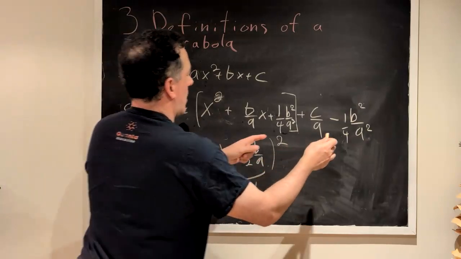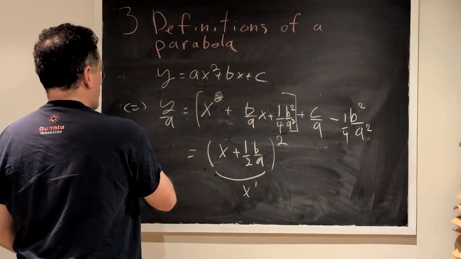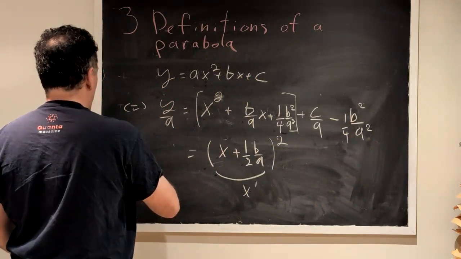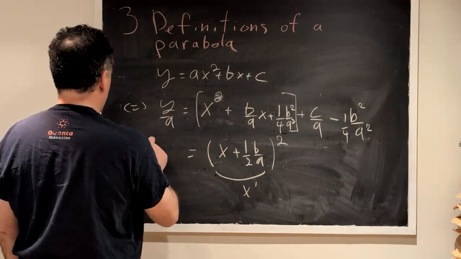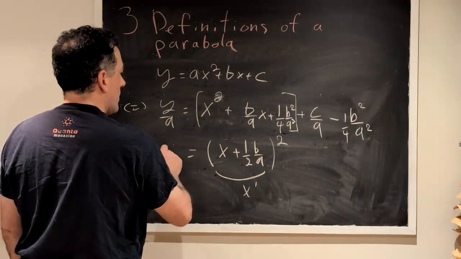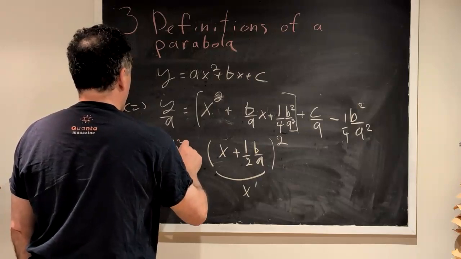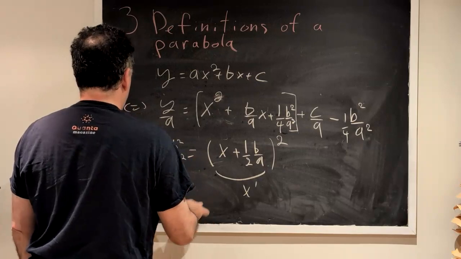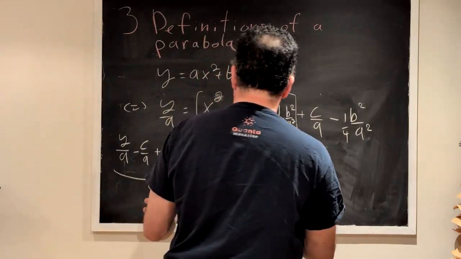So we can just take all these things here and we can just have y over a minus c over a plus 1/4 b squared over a squared. And this thing here, we can call it y prime.